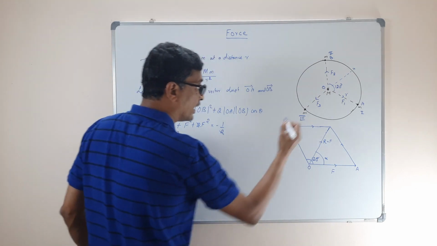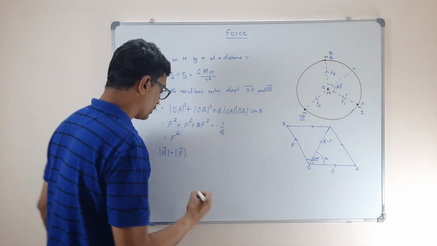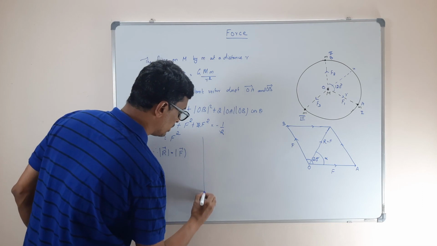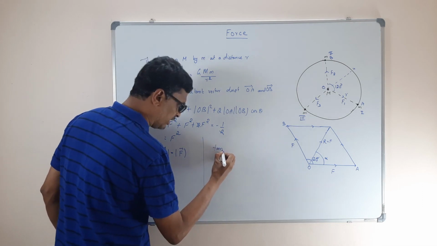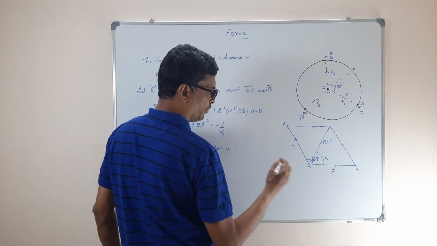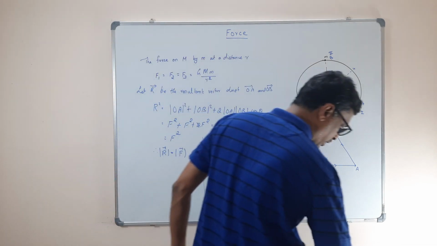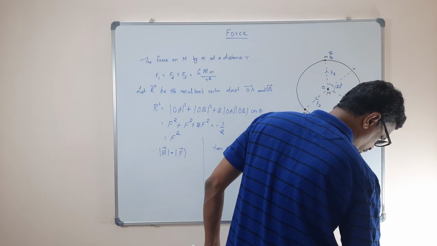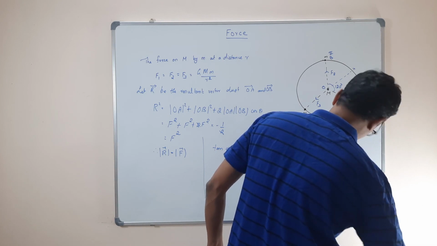Now we have to find out the angle also, this angle alpha. You remember that formula for angle? Tan alpha equal to, no, I think it's OB you have to do.